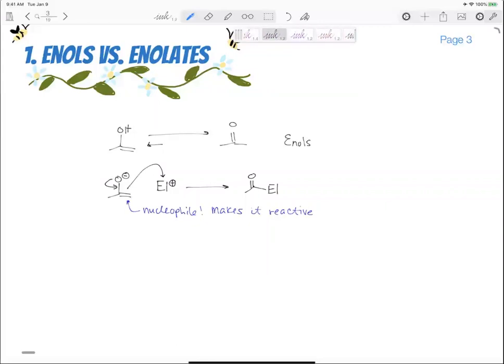Okay, so what do you think we are going to do here? We are actually going to elongate a carbon chain, right? So another way of elongating carbon chains.